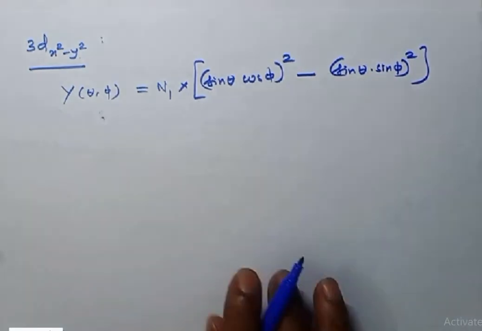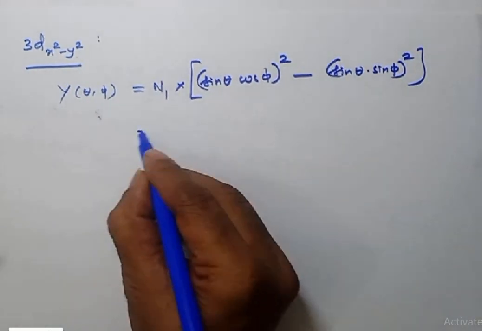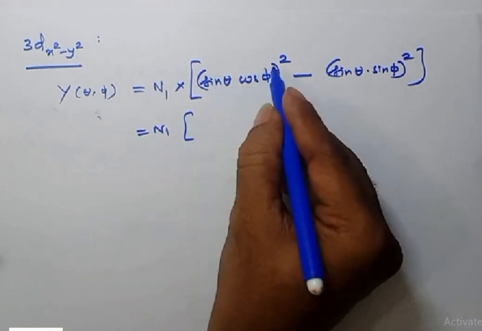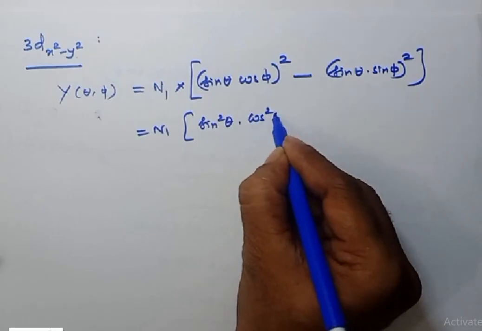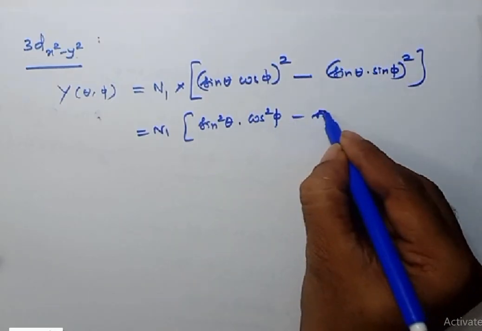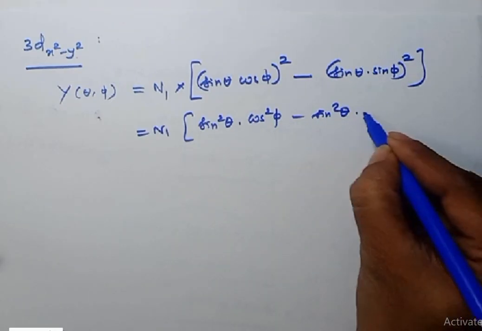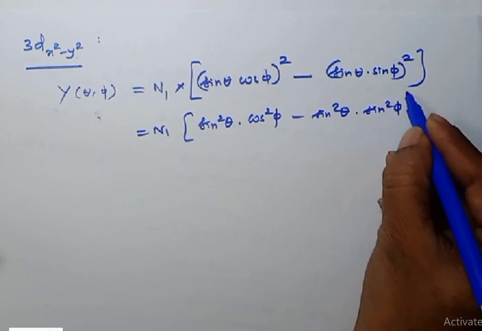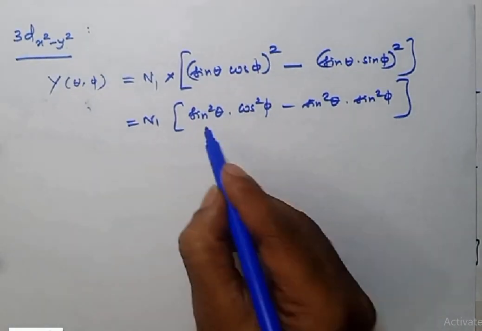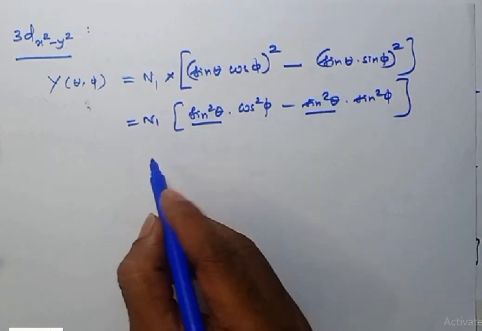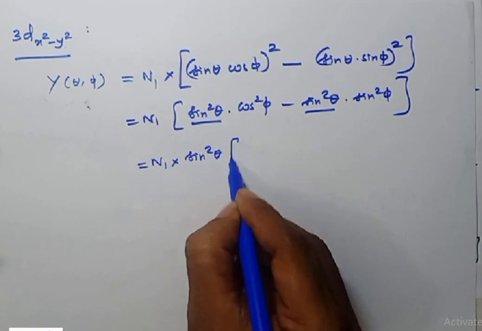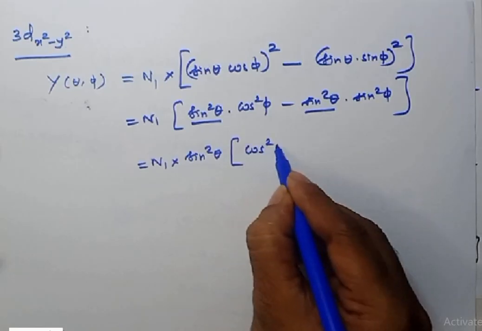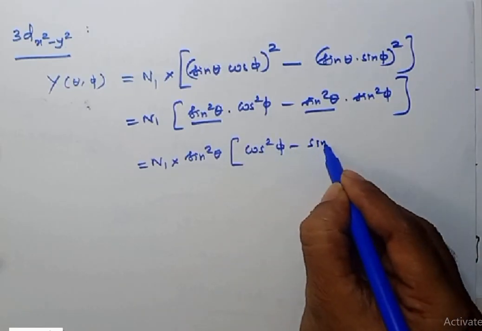You can write this as n1 into sine square theta into cos square phi, similarly here sine square theta into sine square phi. Now I have sine square theta here and here, you can take common. Sine square theta, if you take common, you get cos square phi minus sine square phi.